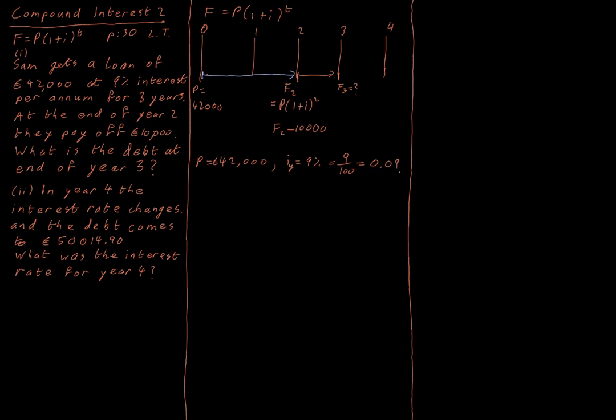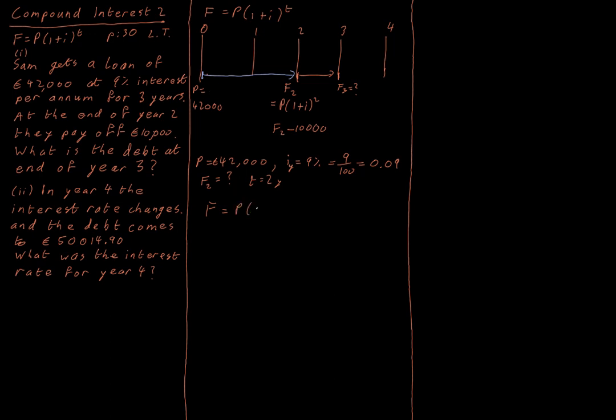We never do anything with this except turn it into a decimal immediately. We want the final value at the end of year 2, after 2 years. So we can sub into our formula. We've written down all of our information. There's a big block of text here, but we've gotten it down.